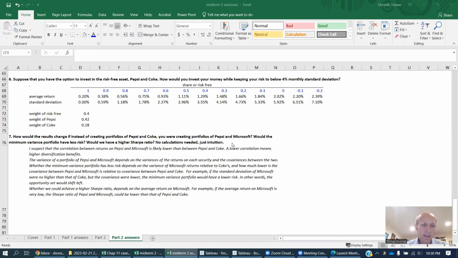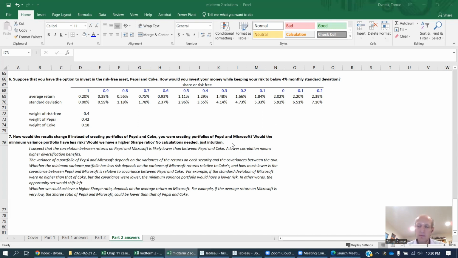So I suspect that the correlation between returns on Microsoft and Pepsi is lower than the correlation between the returns on Pepsi and Coke, since Microsoft and Pepsi are in a very different business, whereas Pepsi and Coke are in the same business. When we have a lower correlation between the returns, we have more opportunity for risk diversification.